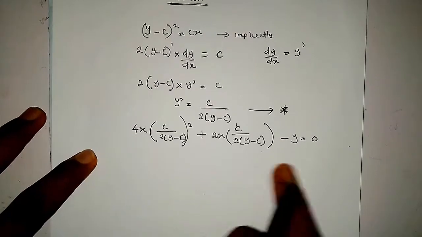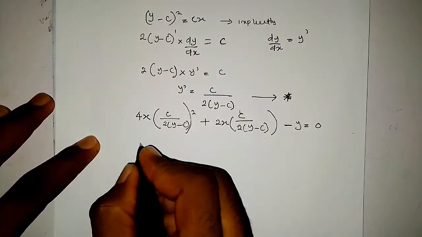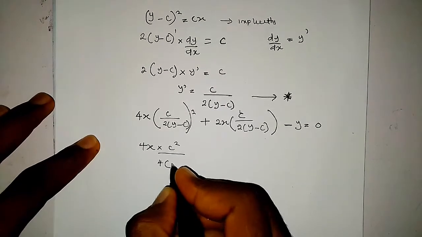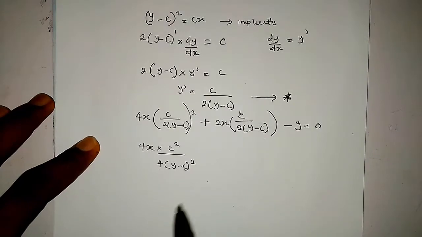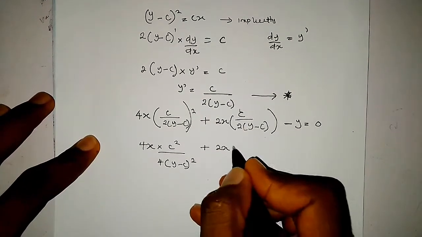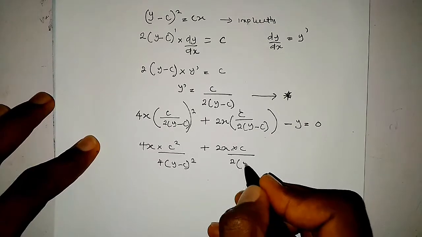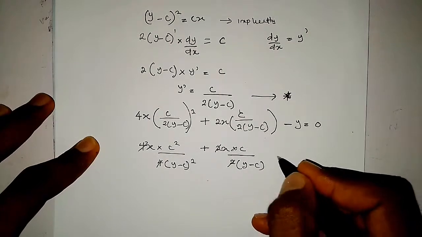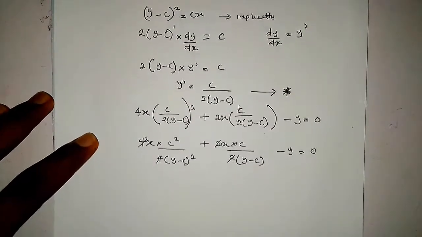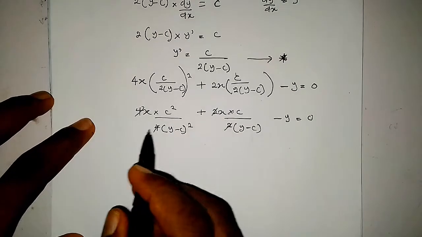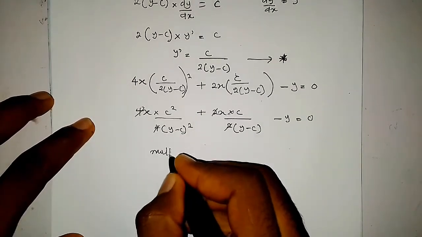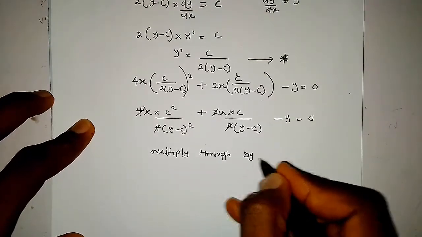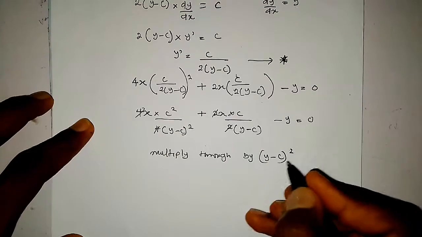Now I want to evaluate this. Rewriting, we have 4x times c² over 4(y − c)², plus 2x times c over 2(y − c). Now the 2 cancels the 2 and the 4 cancels the 4, then we have minus y equals 0. Now I can choose to multiply through by (y − c)².